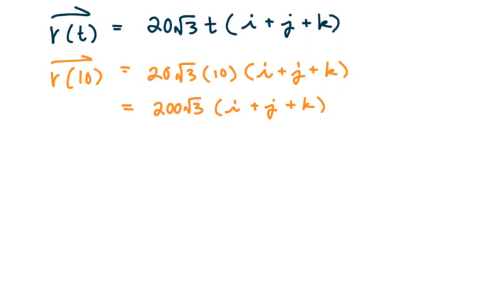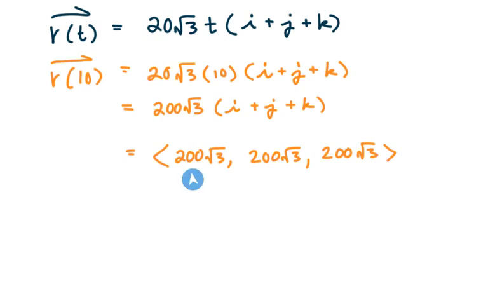We can distribute that through, and this represents the vector 200 root 3, 200 root 3, 200 root 3. So this vector represents the position in feet from the initial position at the origin after the helicopter has been traveling at a speed of 60 feet per second for 10 seconds.